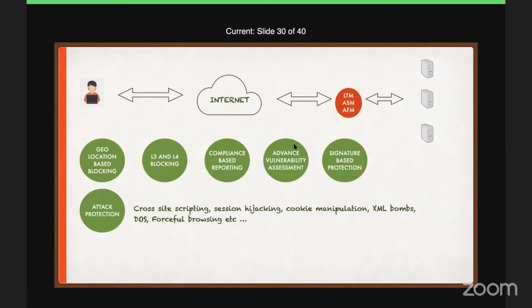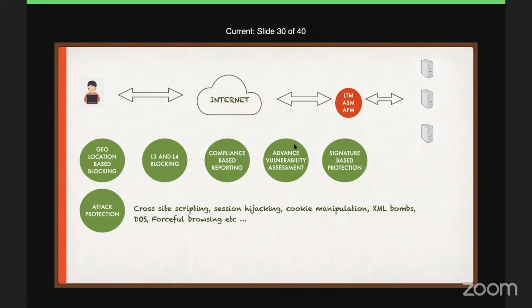Okay, so LTM is something like, as we said, the IP address of google.com or f5.com, what we get in DNS, it's basically configured as a virtual server on F5. On LTM, it's configured on LTM. So all these policies, let it be APM, let it be ASM, or let it be AFM, all these policies which we create in these modules, ultimately we are going to bind these policies to the LTM virtual server.